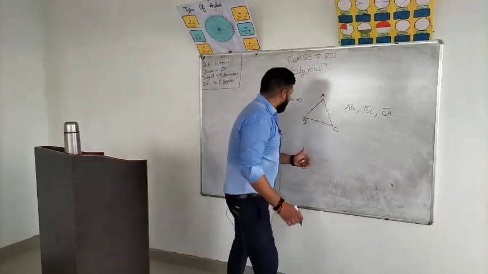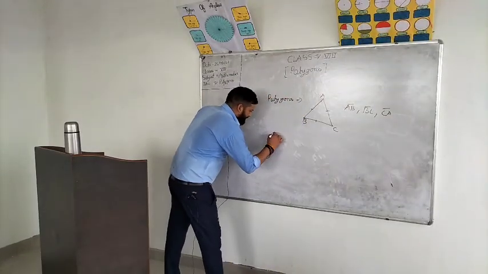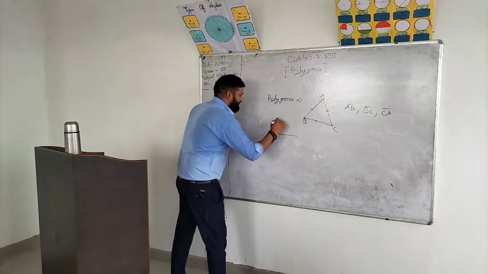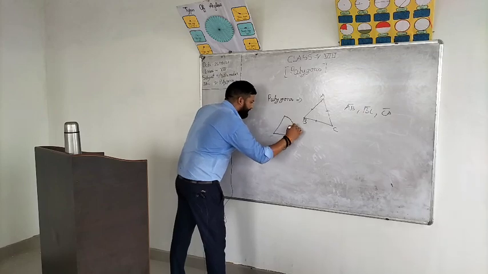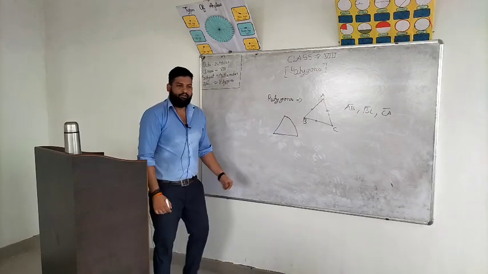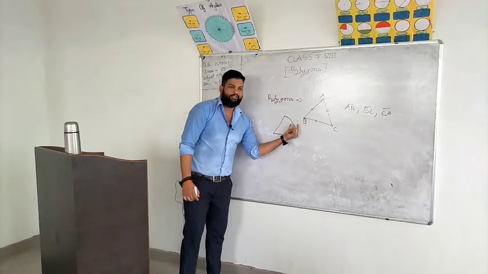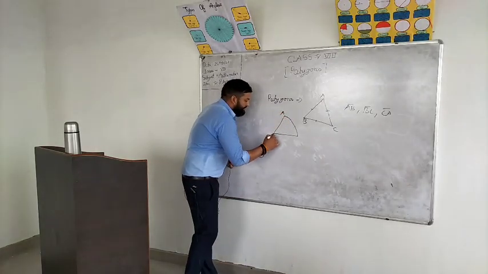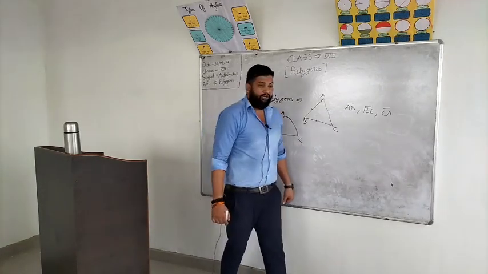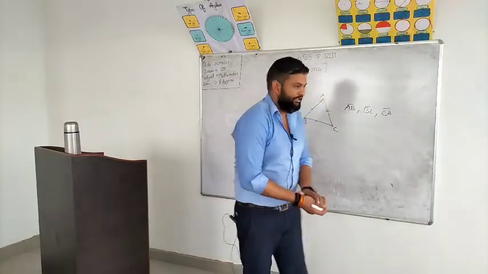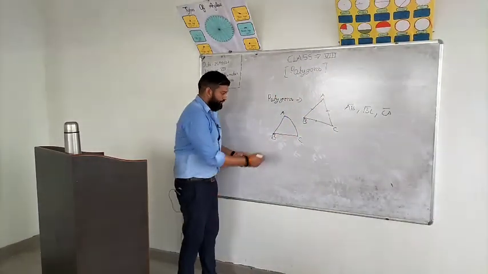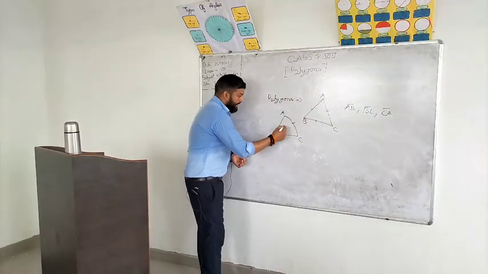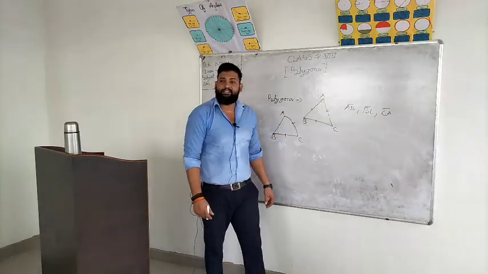So can you tell me about this figure? Can we say that this is a simple closed curve? This is not a straight line, this is not a line segment. So can we say that this is a polygon? No, because this figure is a combination of a curved line and line segments.